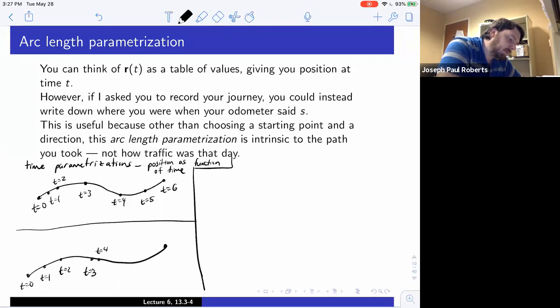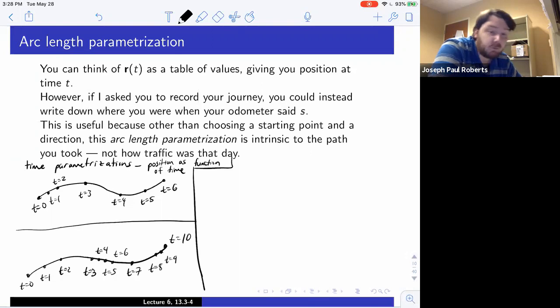But then let's say that there's an accident on the highway. And so you're stuck in some horrible traffic jam on the highway, and then it speeds up again, so t equals 7, you're here, but then it's move-in weekend, so there's horrible traffic in State College as well. And so that's what you want to think of time parameterizations as being. It's your position traced out as a function of time.